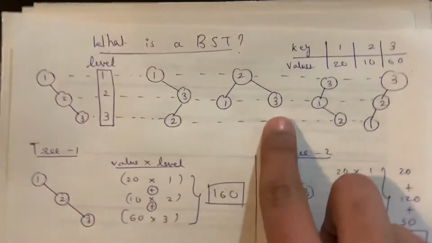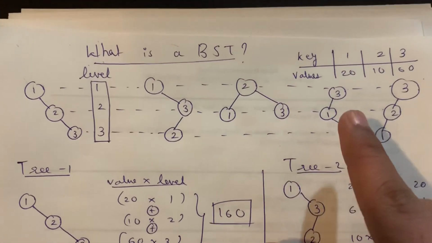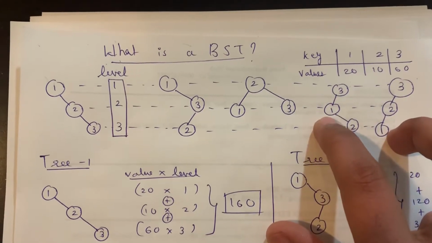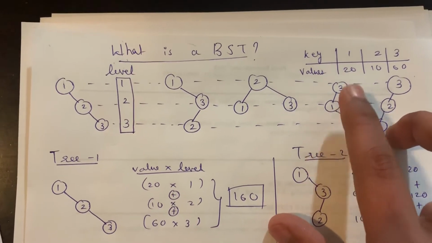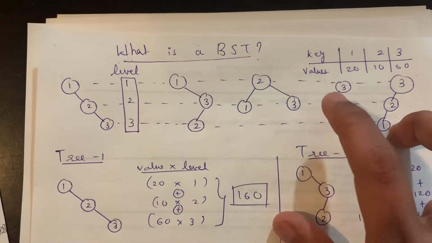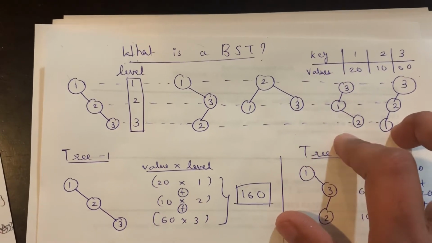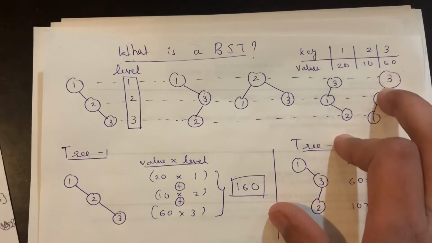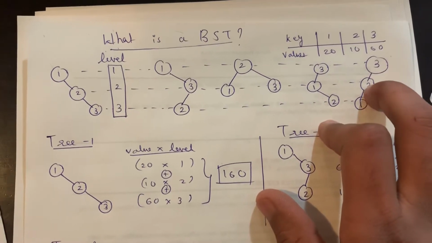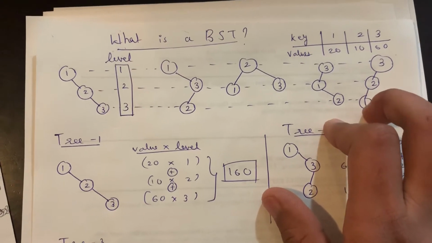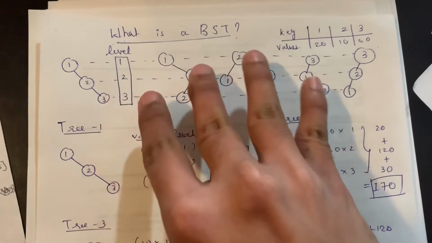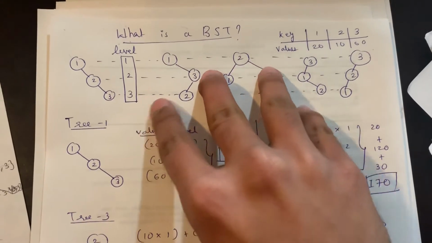That's the only configuration for 2. With 3 we have 2 configurations. In the first one we take key 1 first, so it goes on the left of 3, and 2 goes on the left of 3 but right of 1. Similarly, in the third one we have 2 on the left of 3 and 1 on the left of 2. Those are the only 5 configurations we can have with 3 keys.